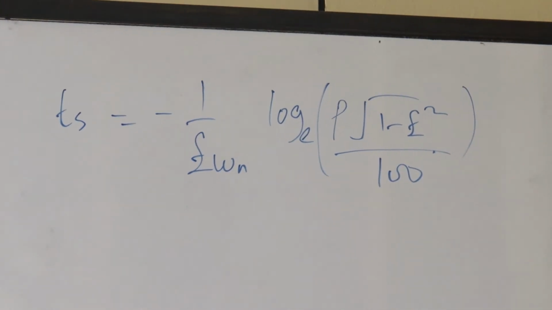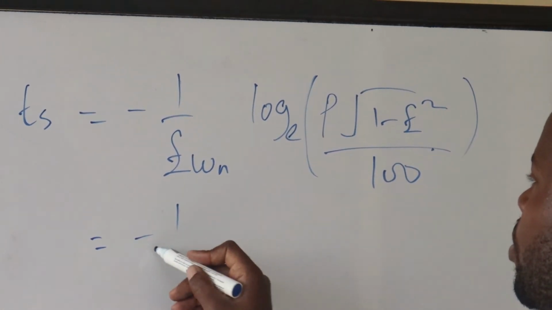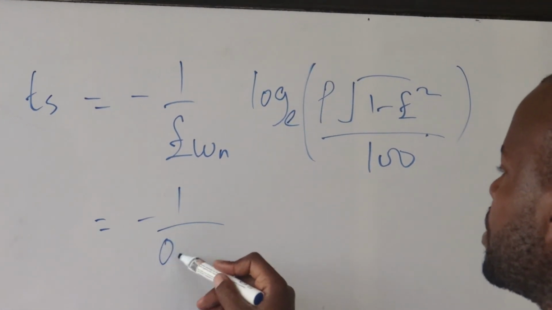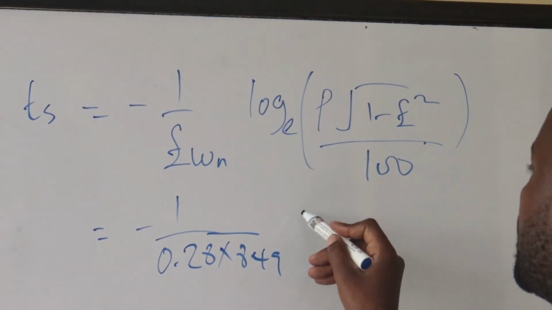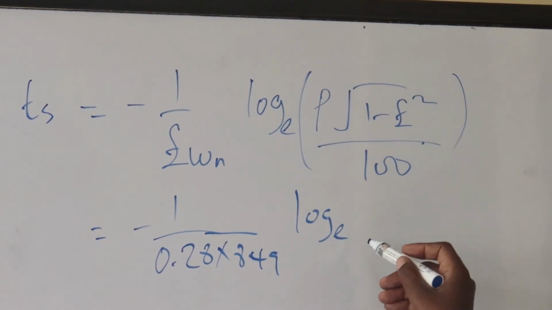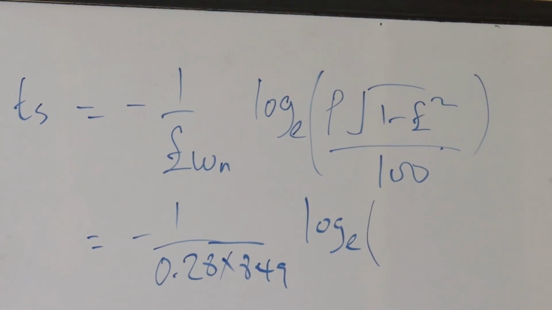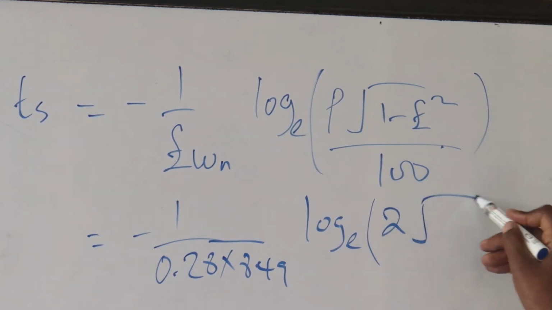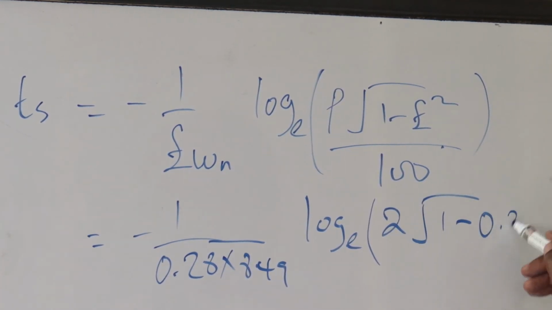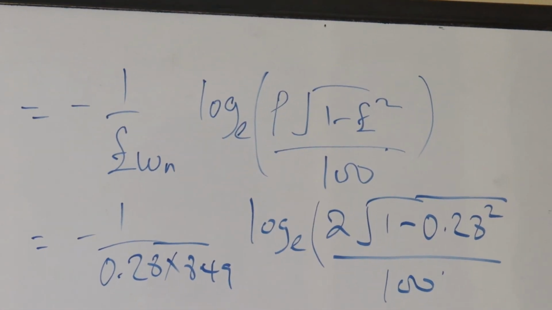So this is going to be negative 1 all over, the value of zeta is 0.28 times omega n. Omega n is 8.49, log to base e of p, and the value of p, we were told to take p to be 2. So 2 root of 1 minus 0.28 squared all over 100.